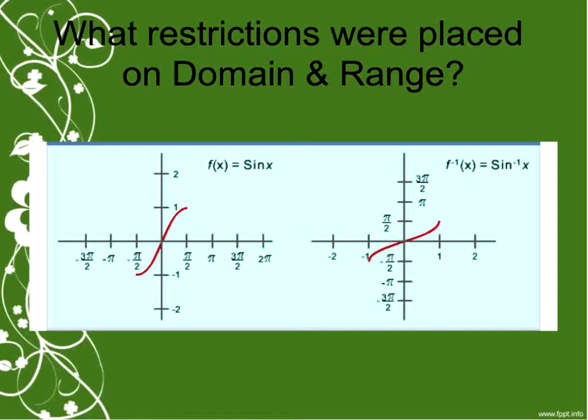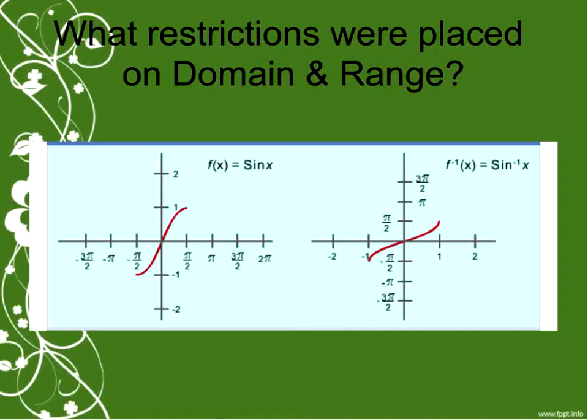They both now pass the vertical line test. If I were to have included more of this function, when I flip it, it would not have been a function. So I have to just pick the portions that are going to help it to be a function when I take the inverse. There's a name for the part of the graph that you pick, and we'll be going over that in just a minute.